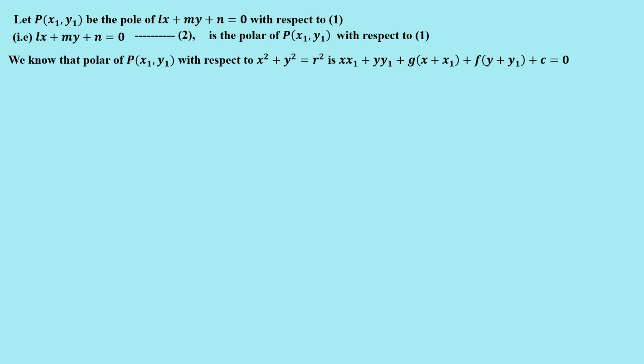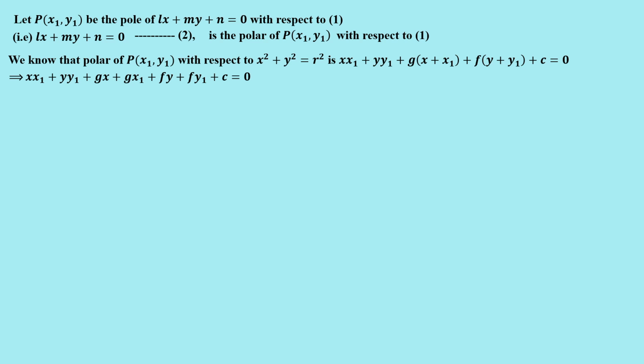We know the polar of P(x1, y1) with respect to the circle in general form, not x square plus y square equal to r square, but x square plus y square plus 2gx plus 2fy plus c equal to 0, is x x1 plus y y1 plus g(x plus x1) plus f(y plus y1) plus c equal to 0.